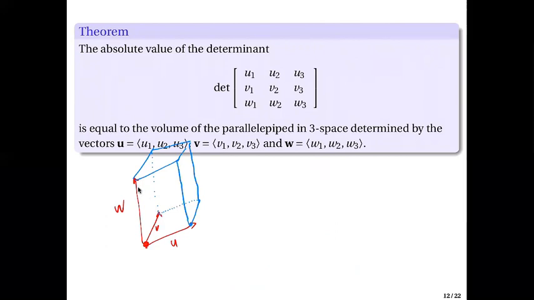It only means that there will be no height for your parallelepiped, because in fact you just have a flat surface. There is no height, and therefore the volume will be 0 because the height is equal to 0.